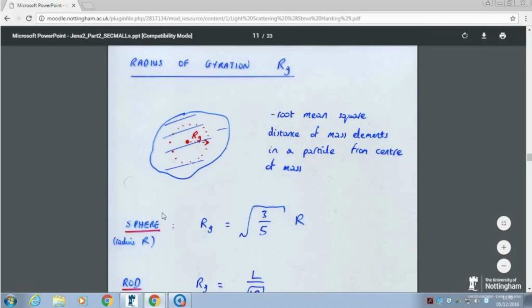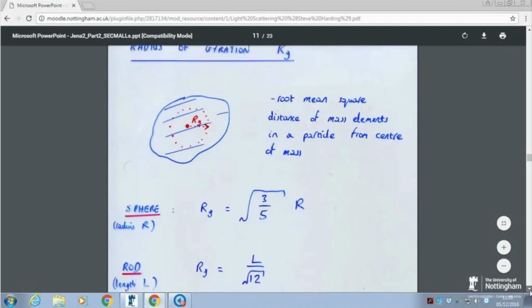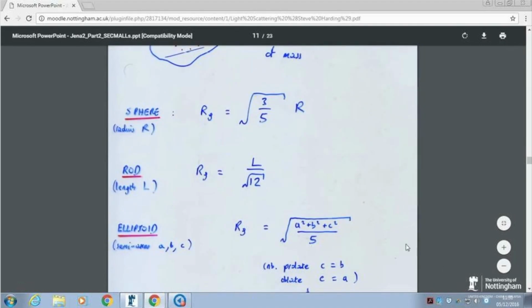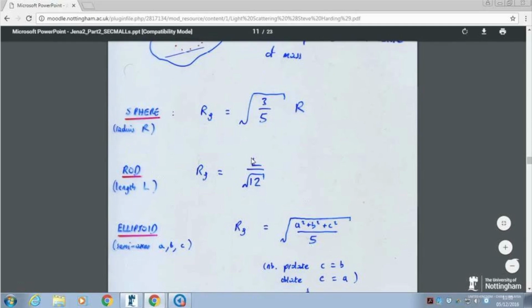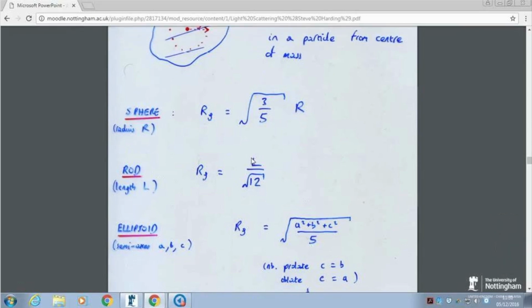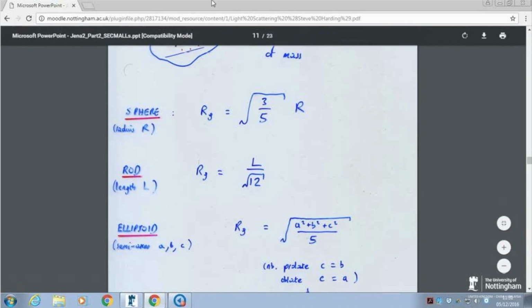And for uniform spheres, the RG is the square root of 3/5 times the radius. For a rod-shaped molecule, such as myosin or schizophyllan, or even xanthan, which is quite rod-shaped, the RG is the length divided by the square root of 12.